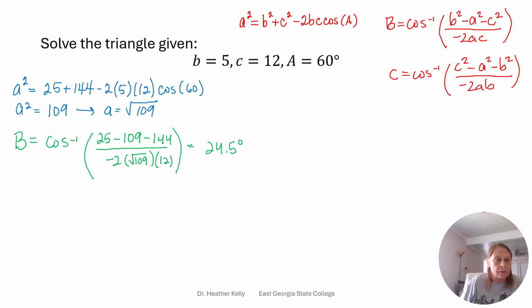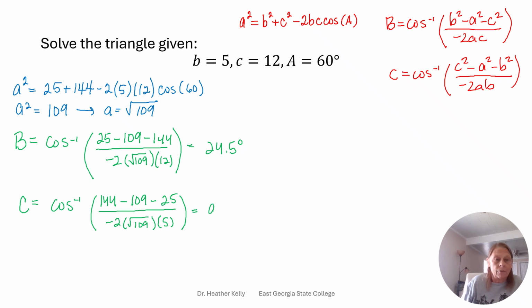And to find c here, well, say arc cosine of 144 minus 109 minus 25 all over negative 2 times the square root of 109 times 5.